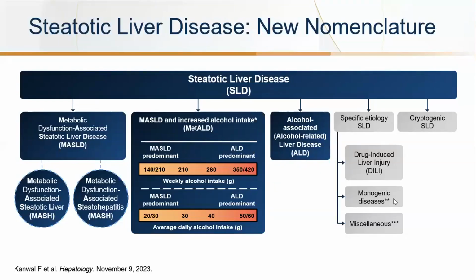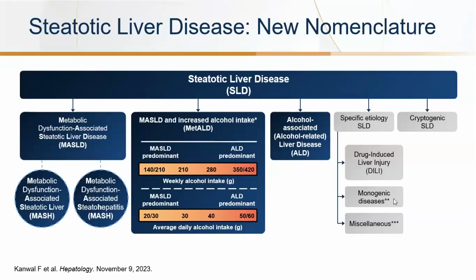I like the new nomenclature because it's a little bit more descriptive. It incorporates the metabolic risk factors, but also incorporates when patients do drink some level of alcohol. So it breaks it down further into metabolic dysfunction, and then MASLD is in the middle, where they have the metabolic risk factors but also drink some alcohol.